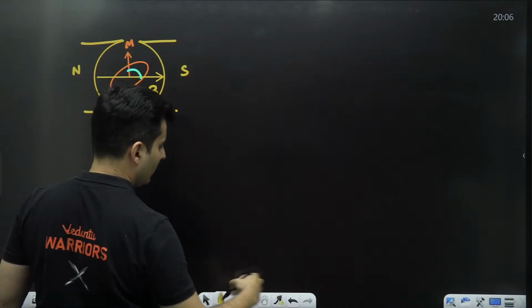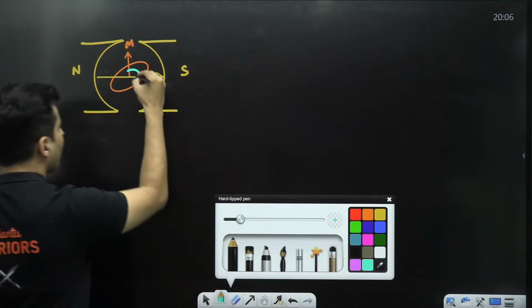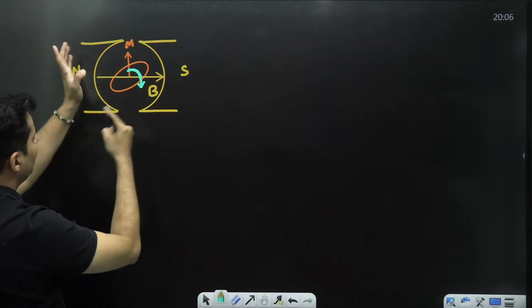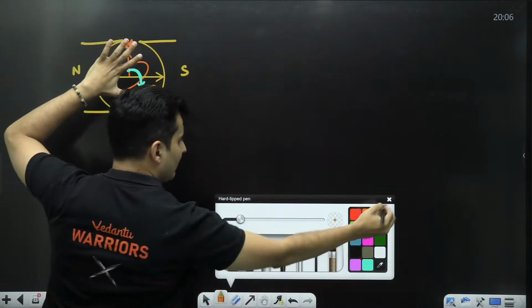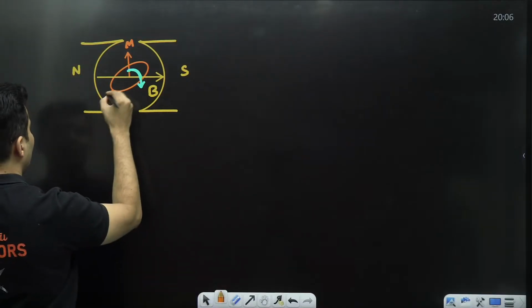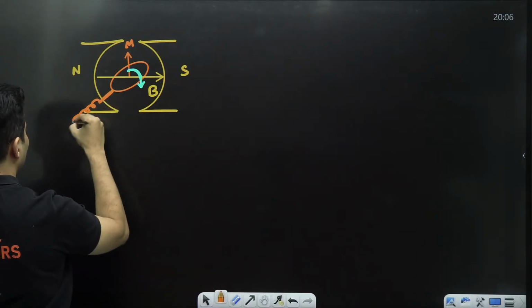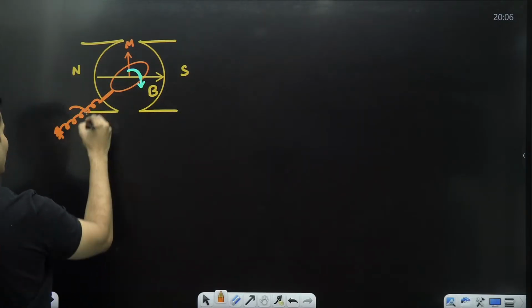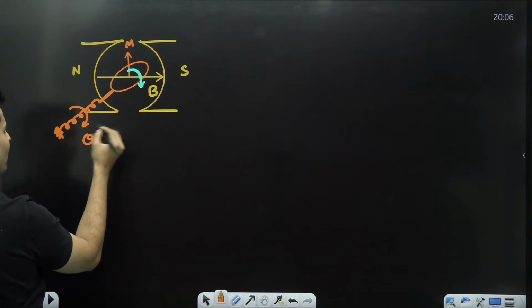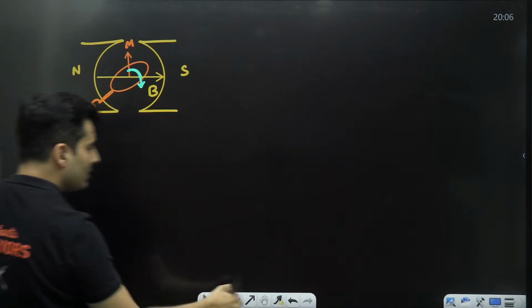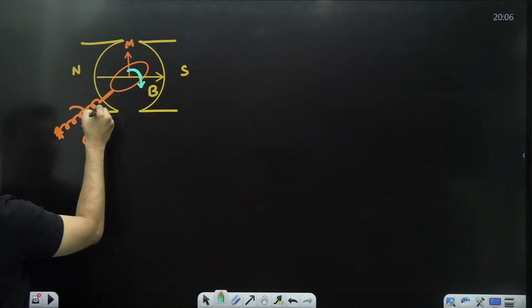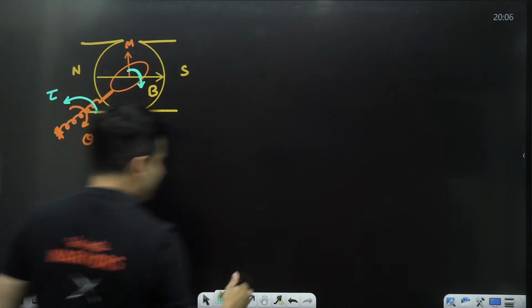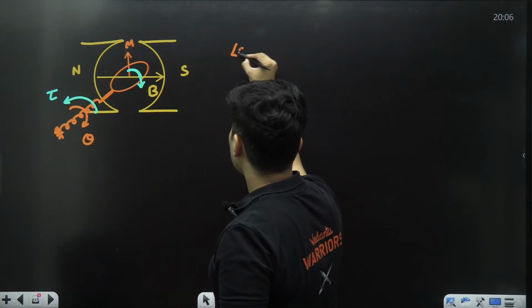So there was a torque now. Because of the torque, it will rotate, but I want it to stop. So that's the reason why I have taken this coil and made sure that it is connected to a spring like this, which will then get twisted by some angle theta. And when it twists, it will apply a restoring torque. Like this. And this loop will be in equilibrium.